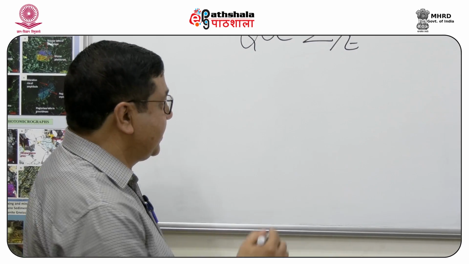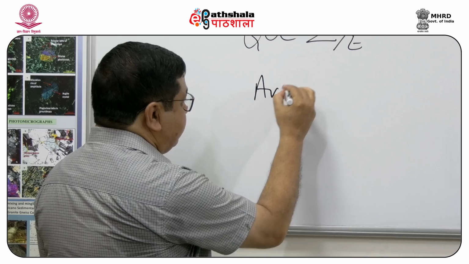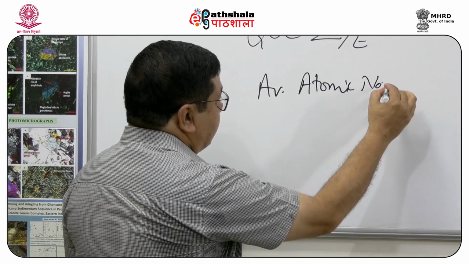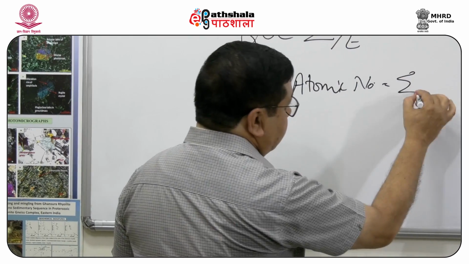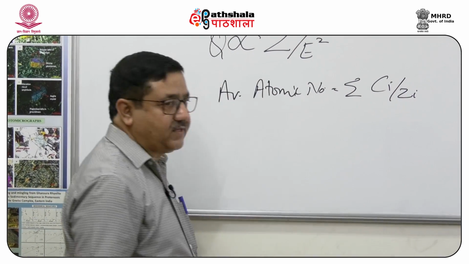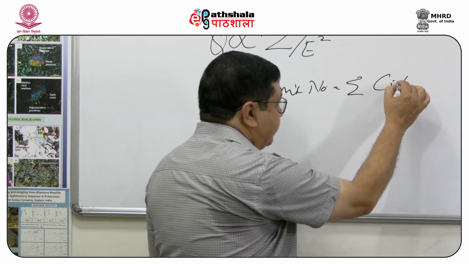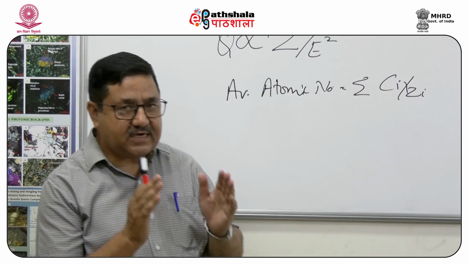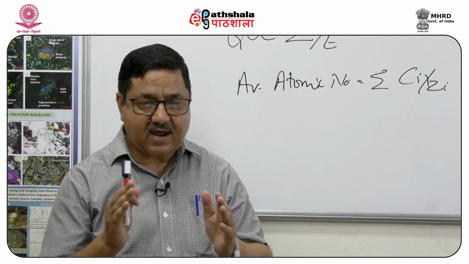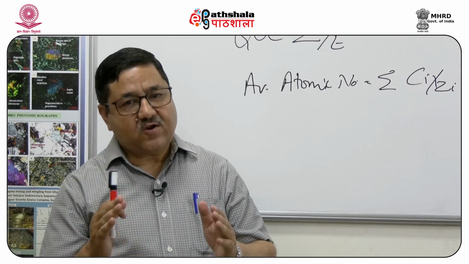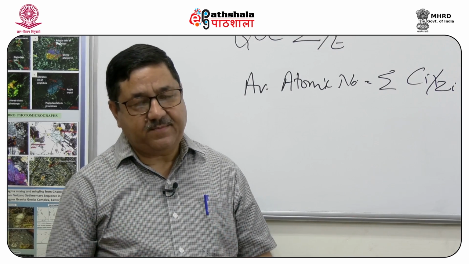In case of compounds, we can have an average atomic number. For example, that can be expressed as average atomic number equal to sigma Ci Zi, which means the concentration of an element i multiplied by the atomic number of that particular element.